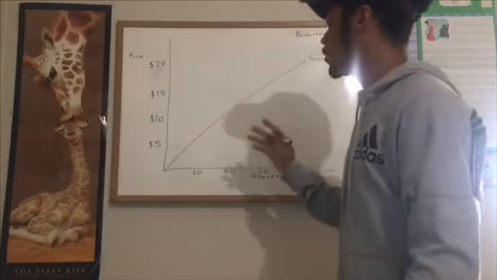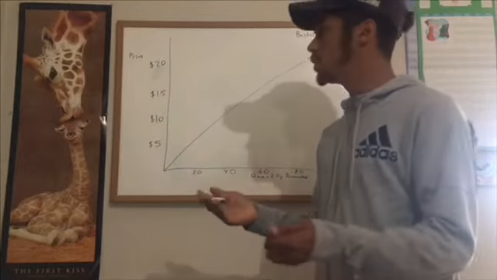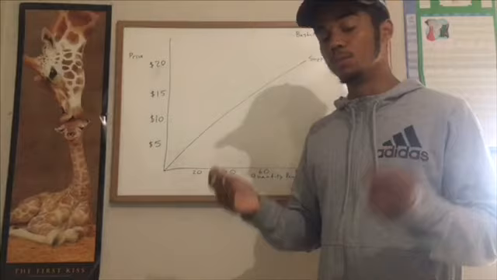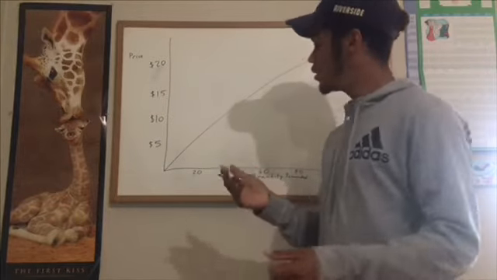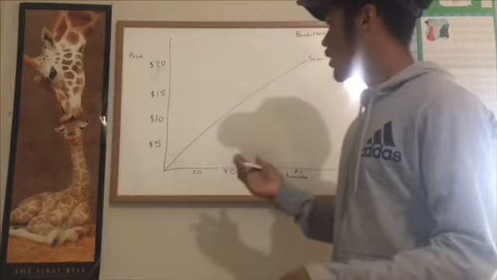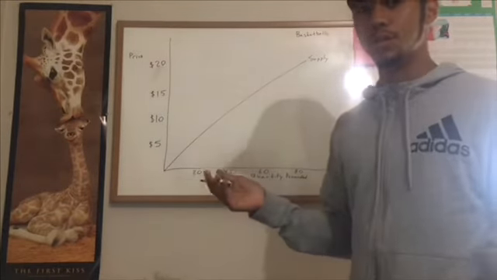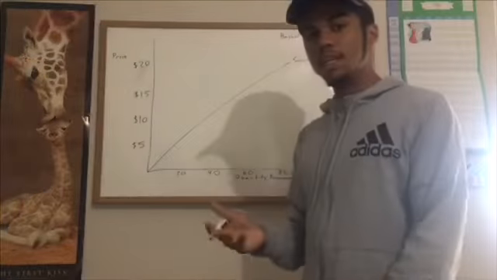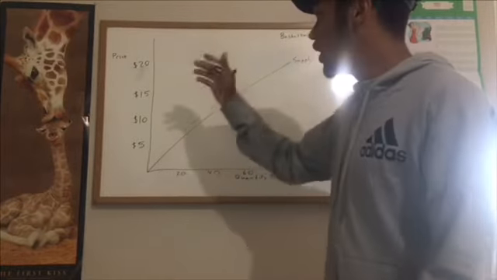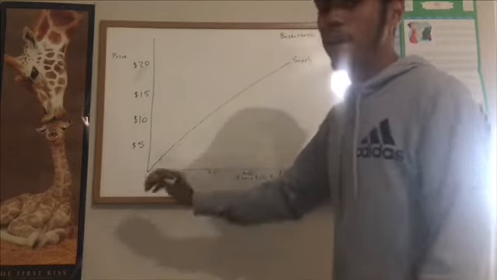So the supply curve shows us basically what the supply schedule chart shows us, but in graph form, and it's very similar to the demand curve in the way that we use it. Same thing as the demand curve: changing of price moves along the supply curve.